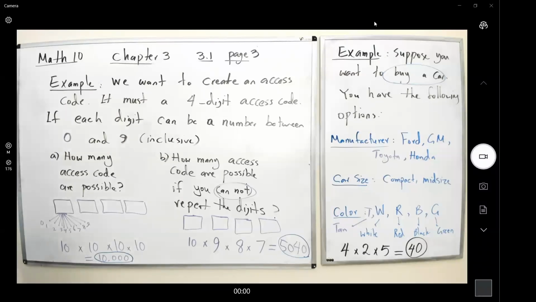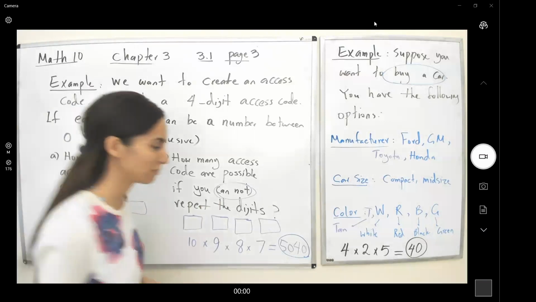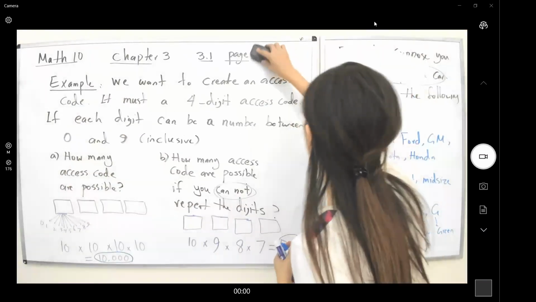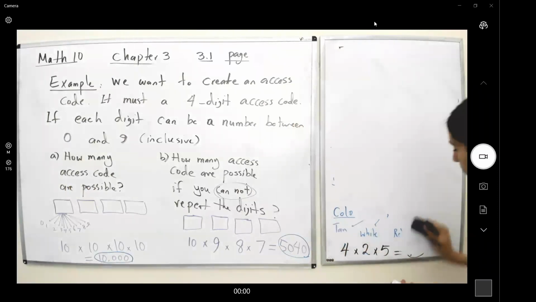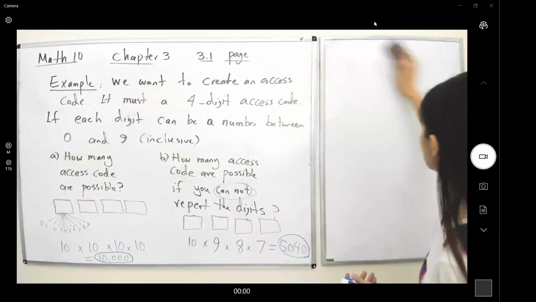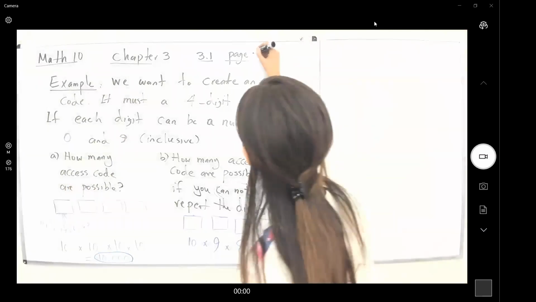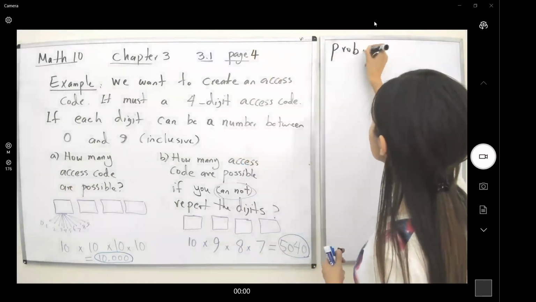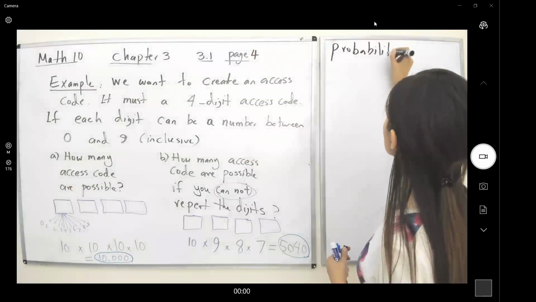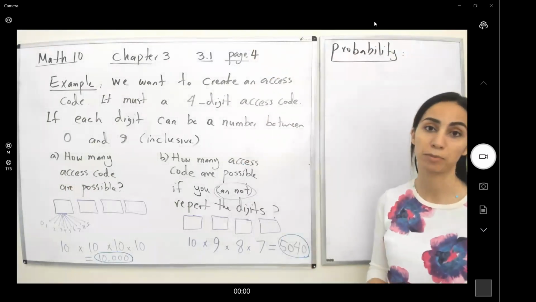Now we're going to actually introduce the probability. On page 4, I'm going to write down the probability here. This is actually the classical probability.